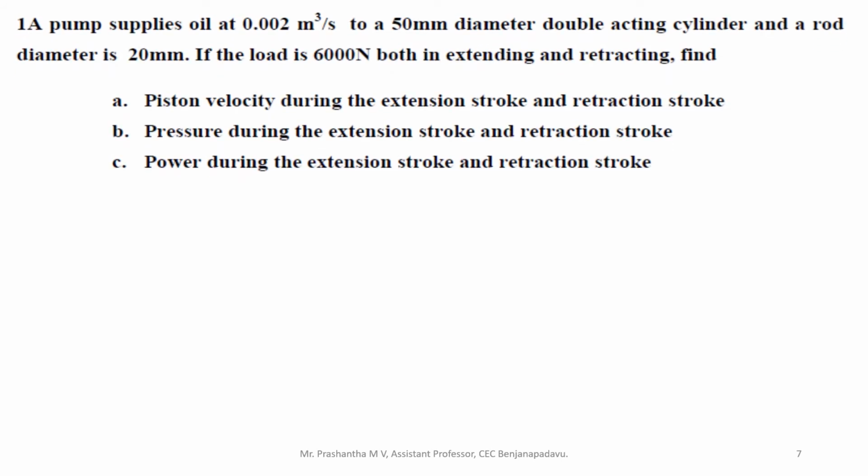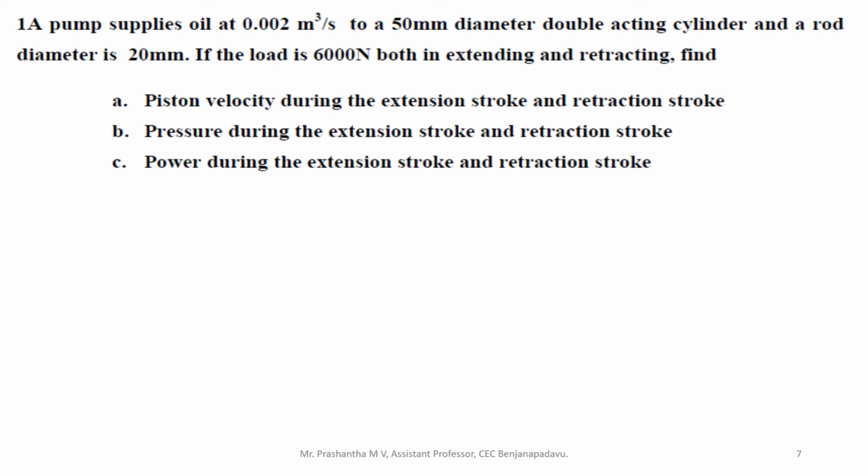Take one more numerical. A pump supplies oil at 0.002 meter cube per second to a 50 millimeter diameter double acting cylinder and a rod diameter is 20 millimeter.